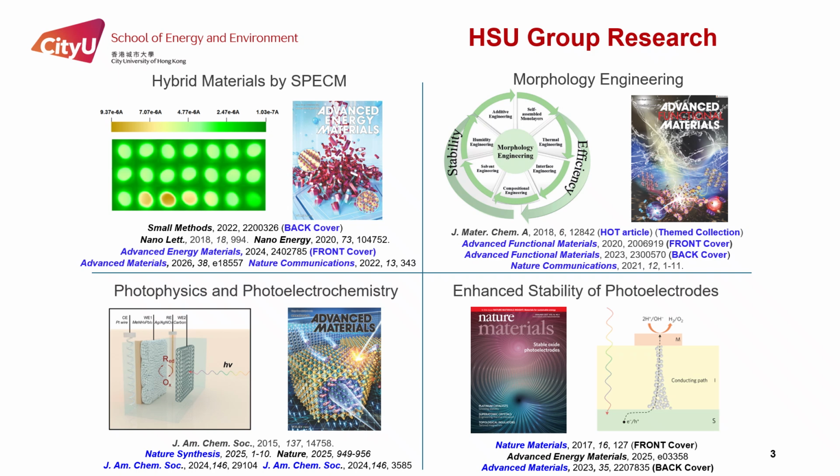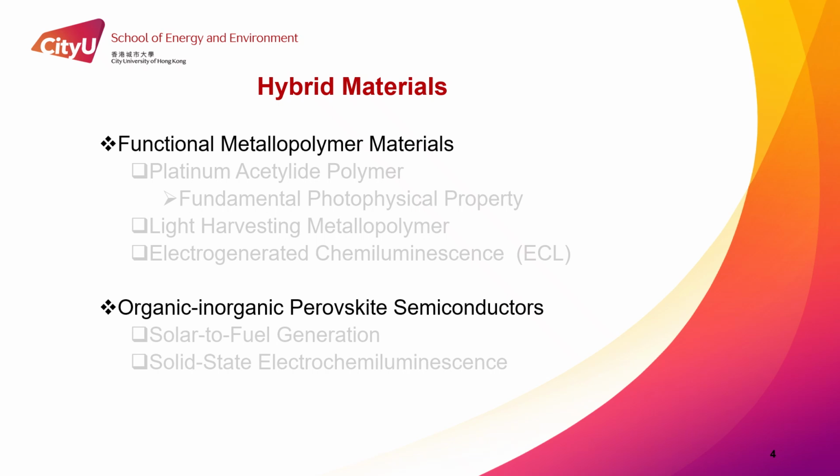Afterward, we systematically investigate interfacial dynamics by using photophysical and photoelectrochemical techniques to fabricate highly efficient and stable energy transformation systems. There are two kinds of hybrid materials we are interested in, including functional metal-polymer materials and organic-inorganic perovskite semiconductors.